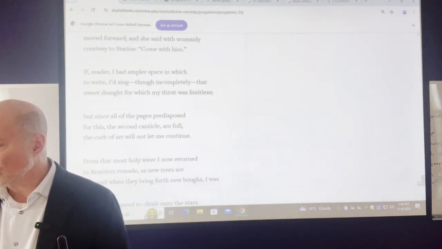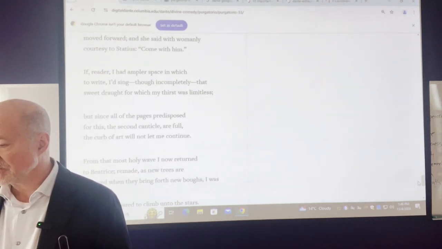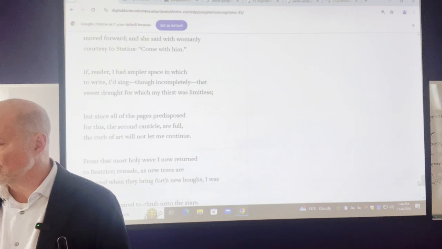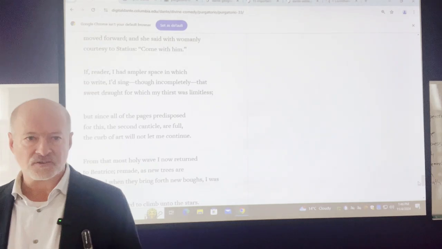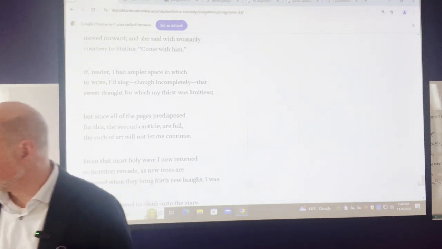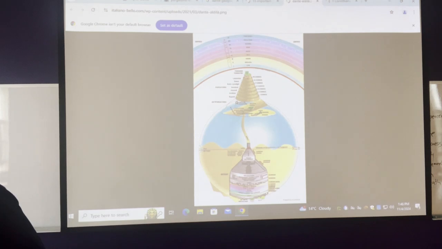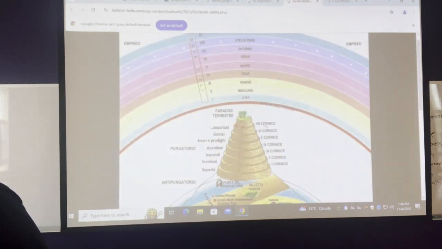From that most holy wave I now returned to Beatrice, remade as new trees are renewed when they bring forth new boughs, I was pure and prepared to climb unto the stars. So again, he concludes the canticle with the word stars.